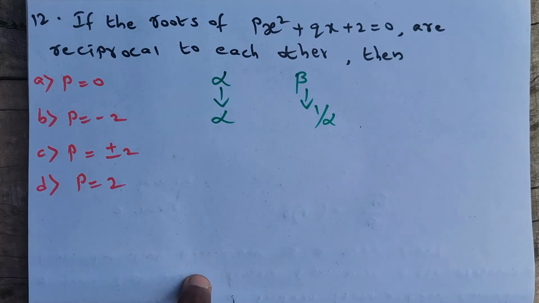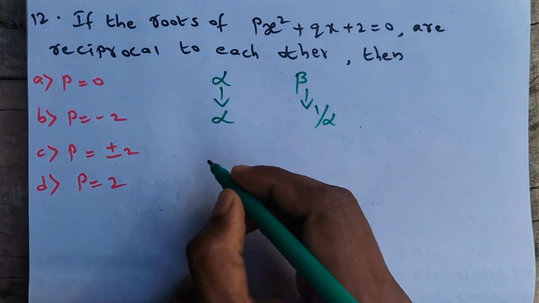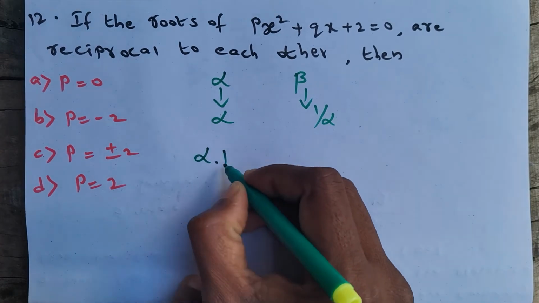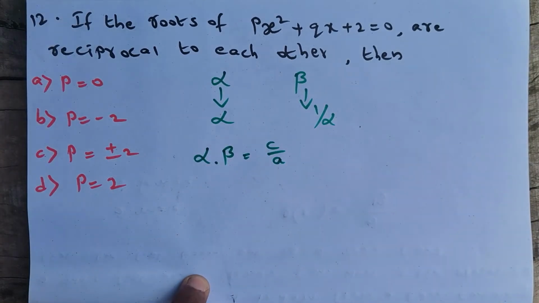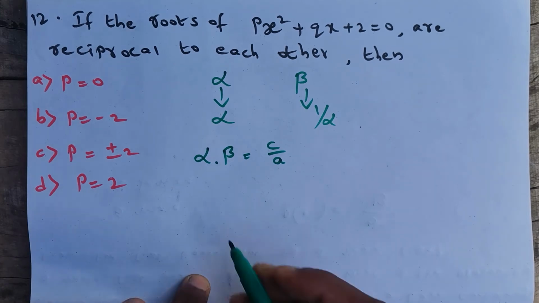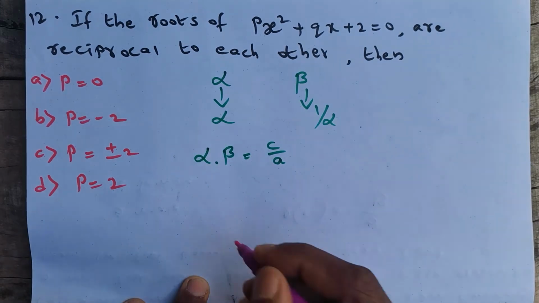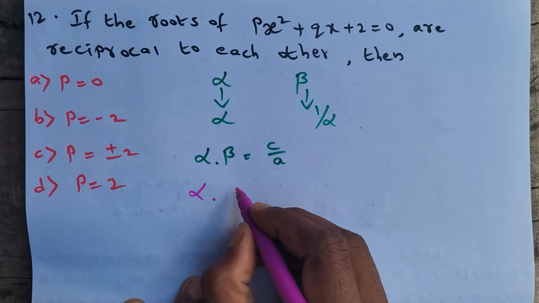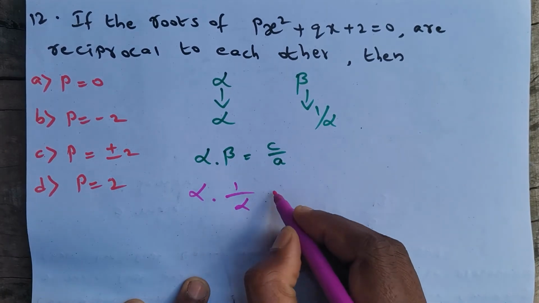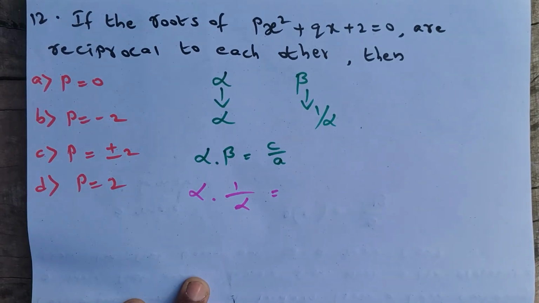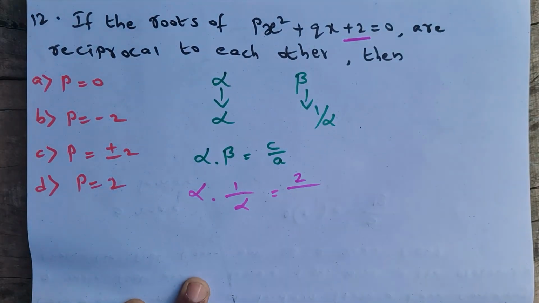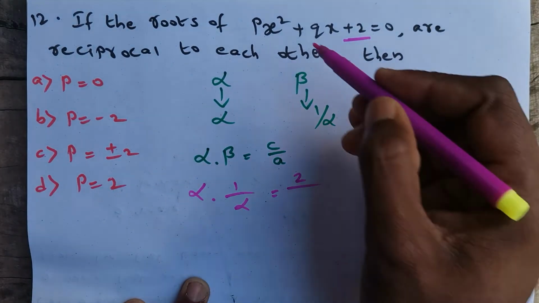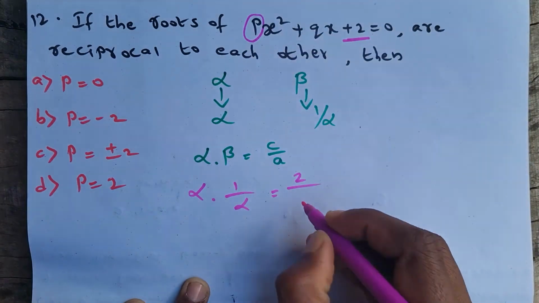Okay, now I am going to find the product of the zeros, that is alpha into beta is equal to c by a. Product of the zeros is equal to c by a. Alpha is alpha only, into beta, which is nothing but 1 by alpha, is equal to c divided by a. Here constant is 2, divided by a, which is the x square coefficient, that is p.